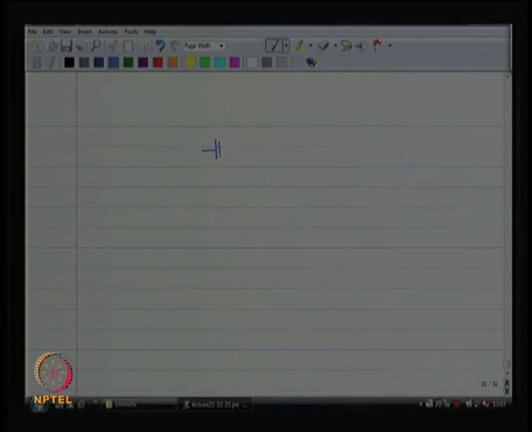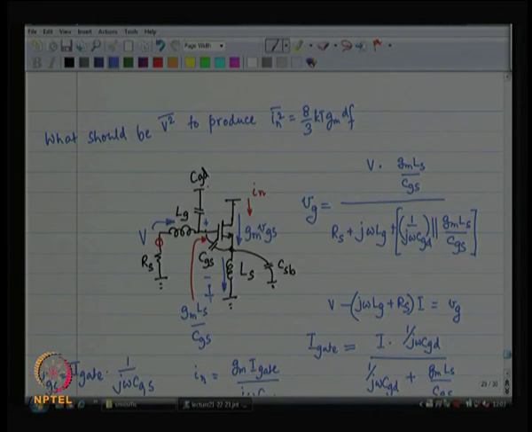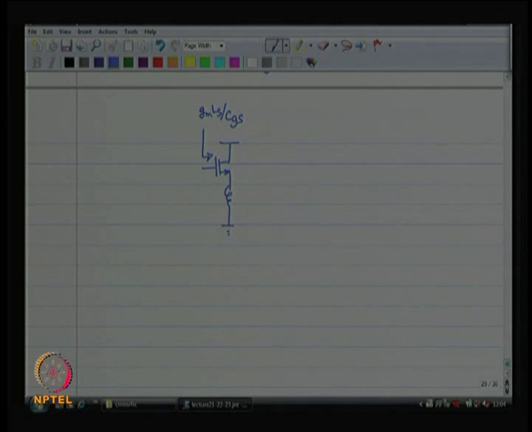So, looking into the gate, this is without CGD etc., I see Gm Ls by Cgs, a resistance. Remember, this is what we did. My matching network is such that looking back from here, I also will see the same resistance Gm Ls by Cgs, otherwise I have not got any matching.